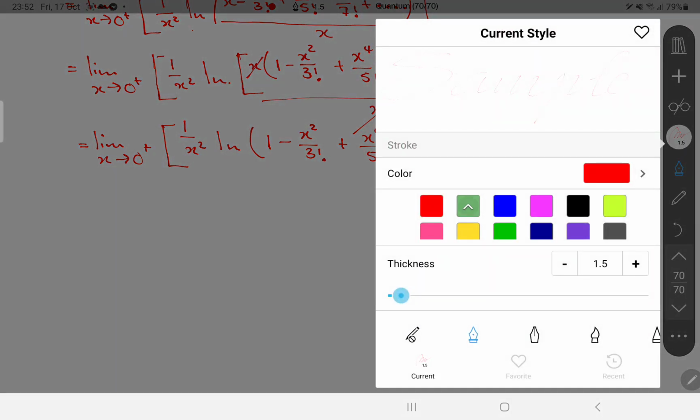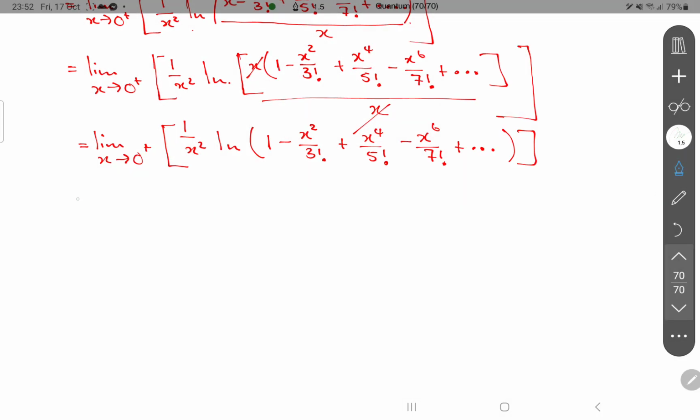So let's ignore the higher powers, that is x to the power 4 over 5 factorial minus x to the power 6 over 7 factorial plus on and on.